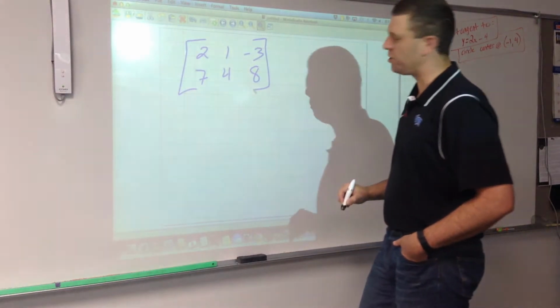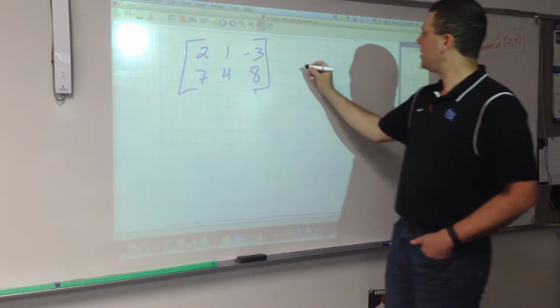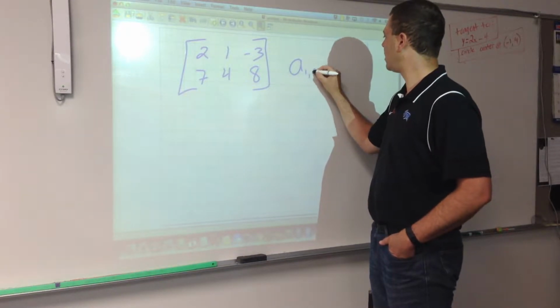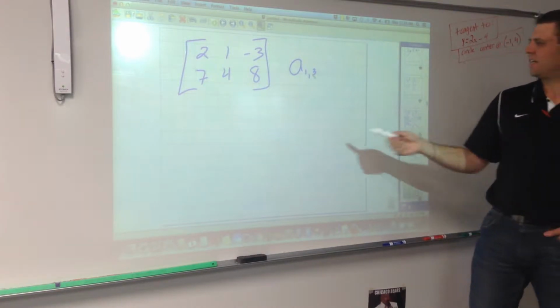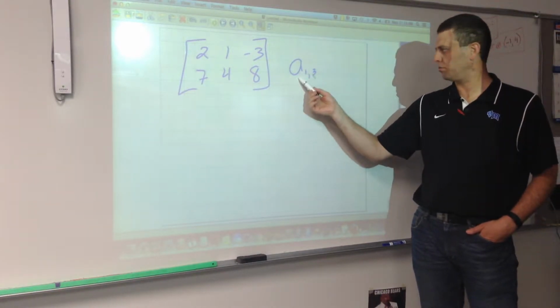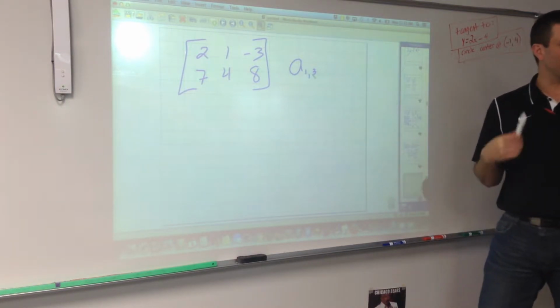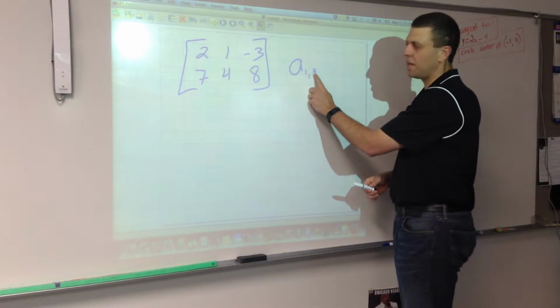Some matrix notation that you may see if you take some sort of advanced math class where you start using a lot of matrices, such as linear algebra or something. If you ever see something like this, a variable, lowercase a, and then 2 values here, what they're asking you is to identify the element that is in the first row and the third column.